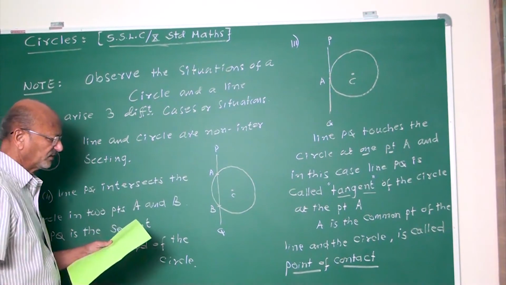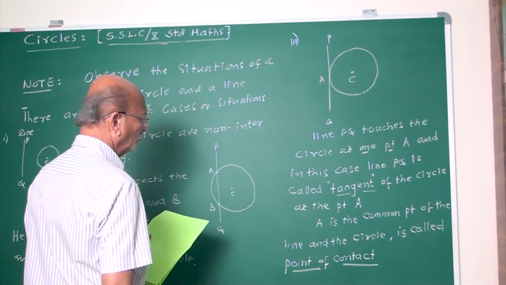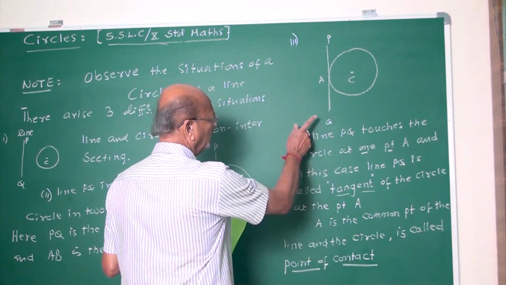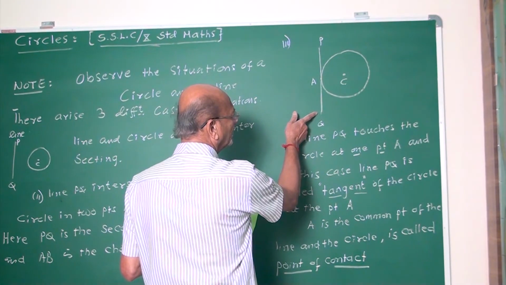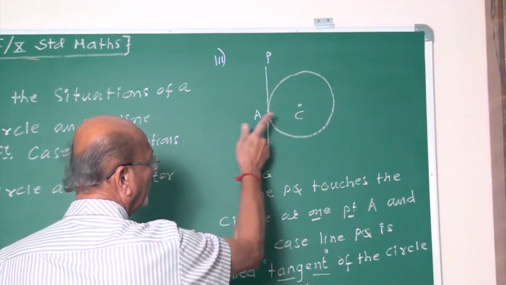From this, what is clear, my friends? What is this tangent? Tangent is a special type of secant. Why special? It intersects the circle at one point.